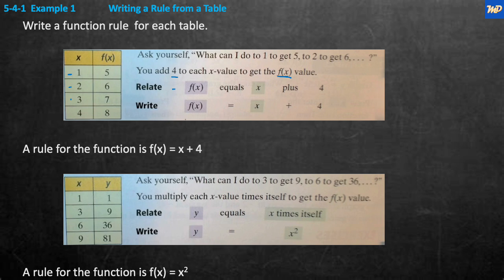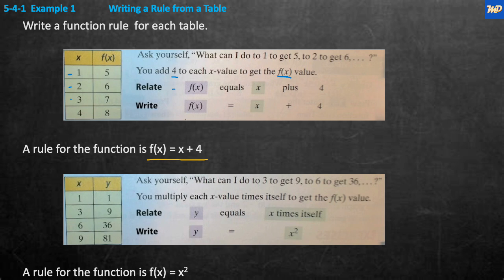In our case, it was 1 plus 4, 2 plus 4, 3 plus 4. So we related, that's the word, so we're going to write f of x equals x plus 4. And here it is, the rule for our function is f of x, I'm going to change colors on the slide, f of x is equal to x plus 4. Let's look at the next one.